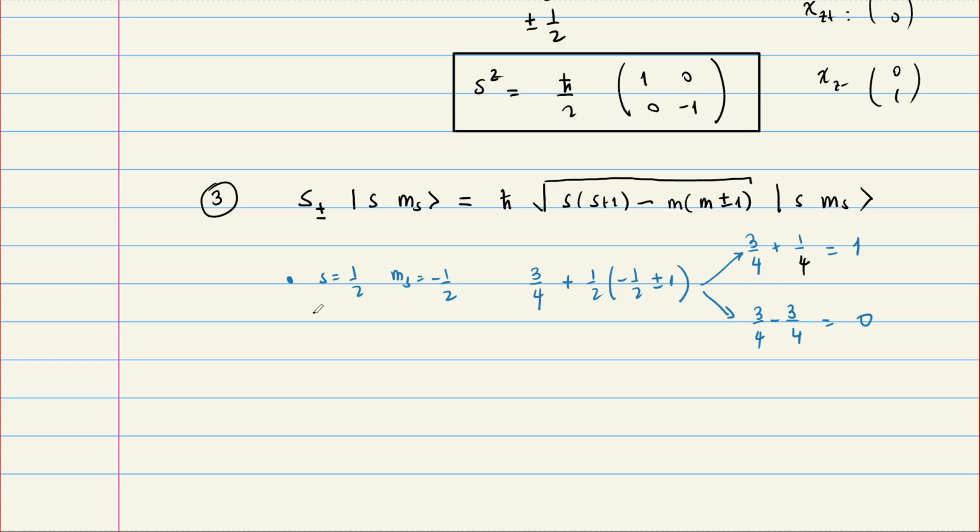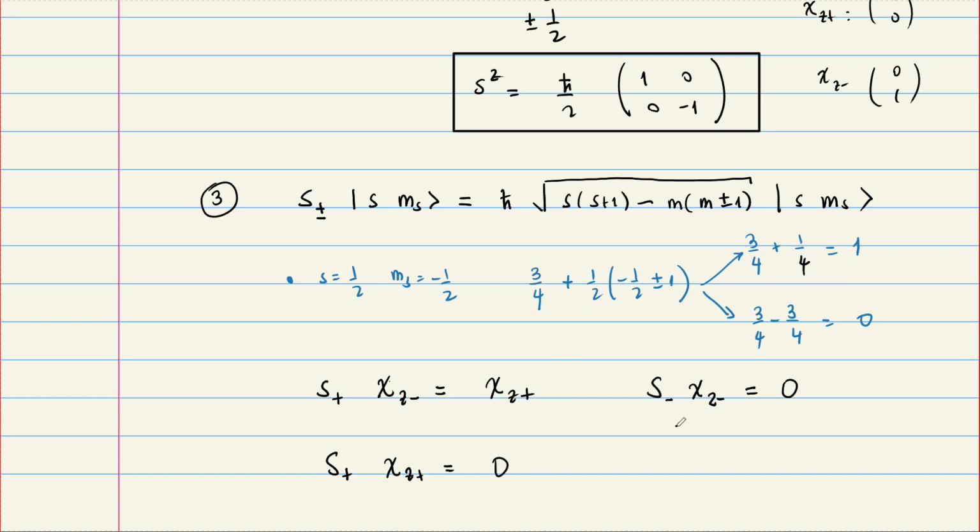Thank you. And this means S plus on, let me call it chi z minus, is chi z plus, right? This is the raising. S minus on chi z minus, this is the lowering, and it's going to be 0. Similarly, S plus on chi z plus is going to be 0.